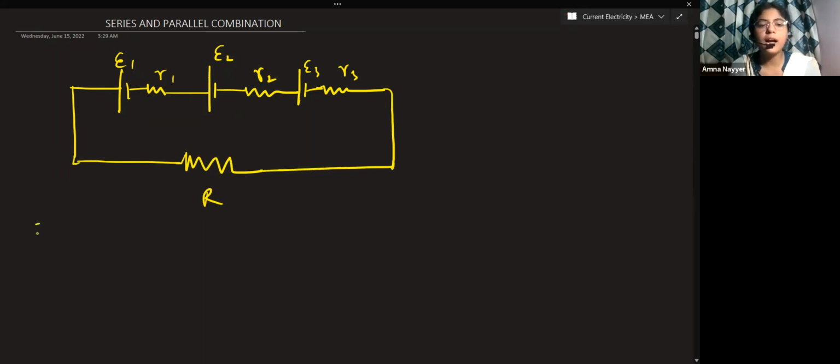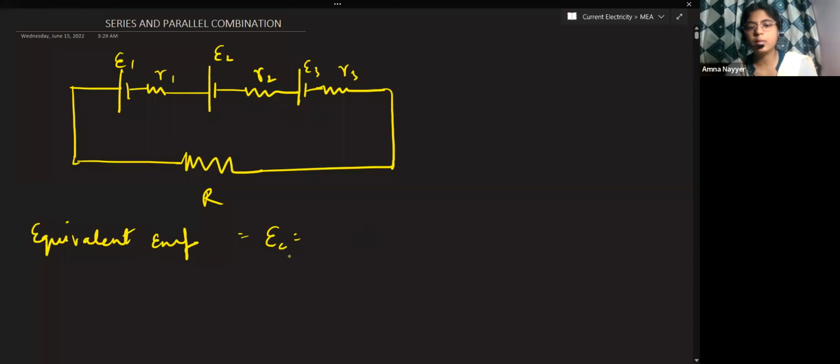Now, if you are asked to calculate the equivalent EMF, meaning net EMF, then just add directly: E1 plus E2 plus E3, up till En if n cells are connected.